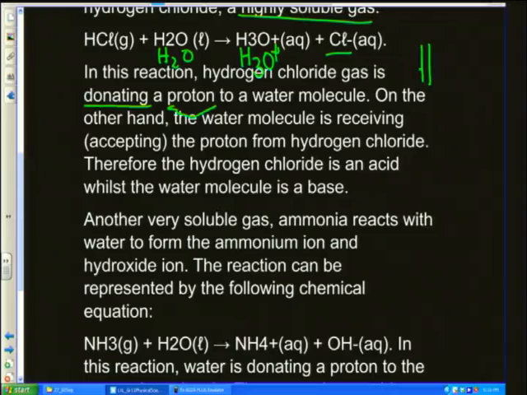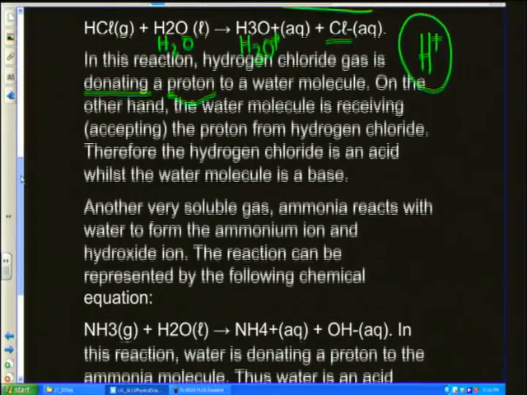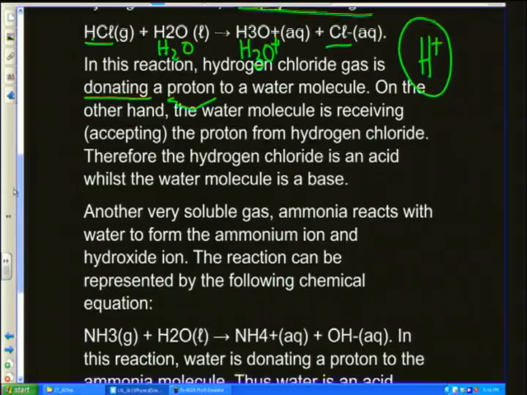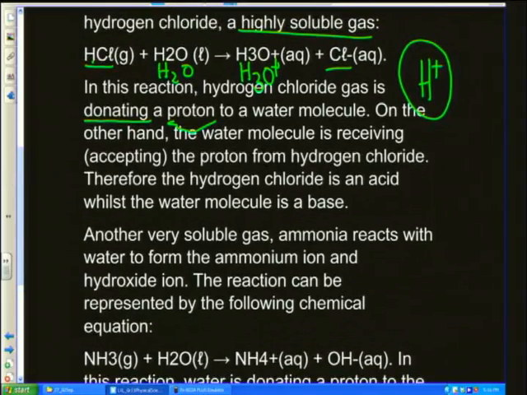So the HCl here is donating a proton to H2O. When it donates a proton, it becomes Cl minus, whilst the H2O that has received the proton becomes H3O plus.